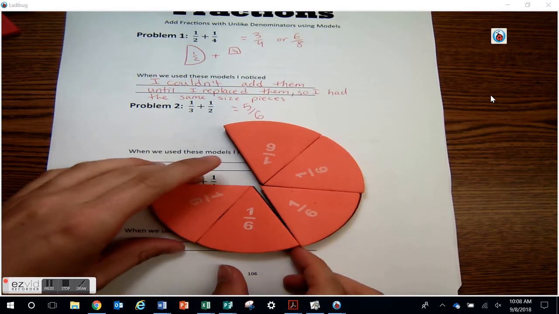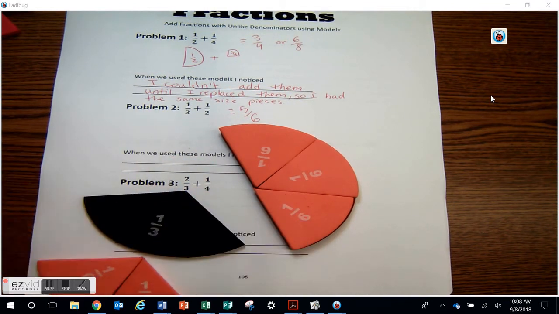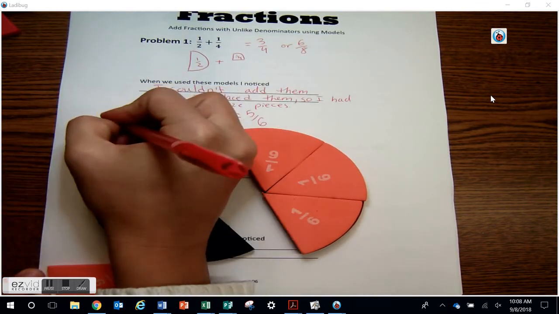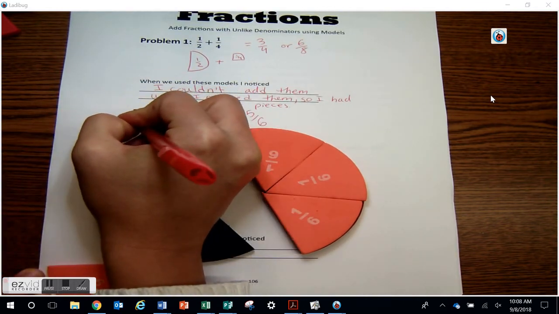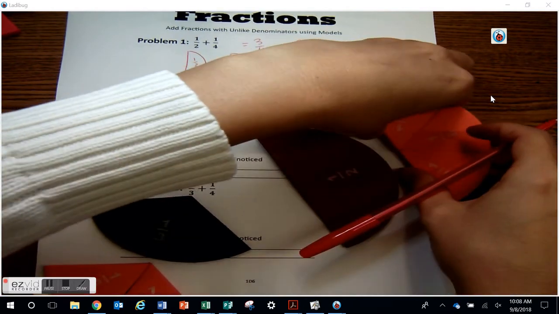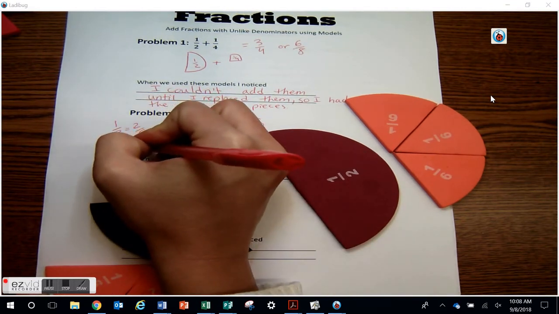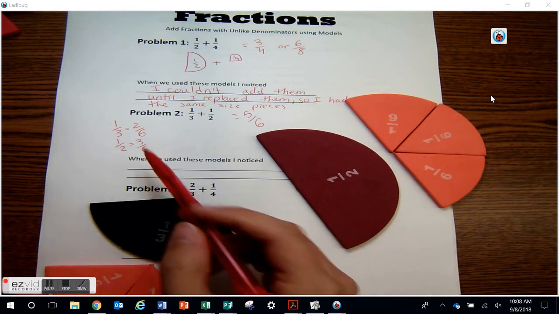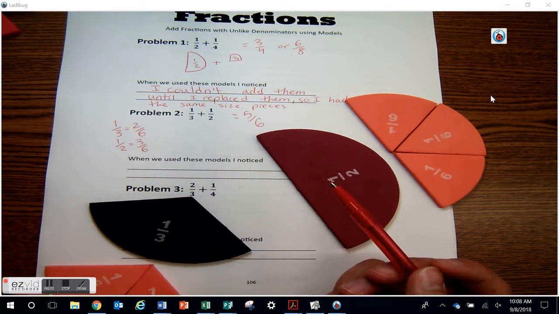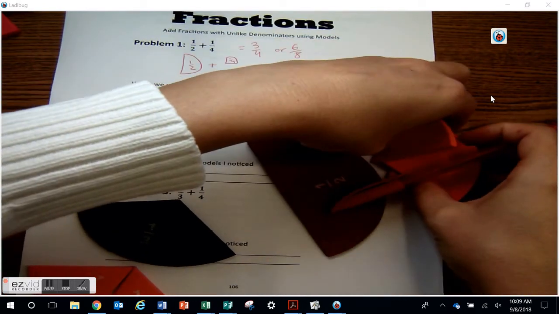Well, I know that that 1/3 is equal to 2/6 and that 1/2 is equal to 3/6. So when I added them together, 2/6 plus 3/6, I got 5/6.